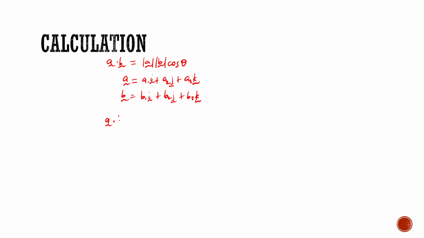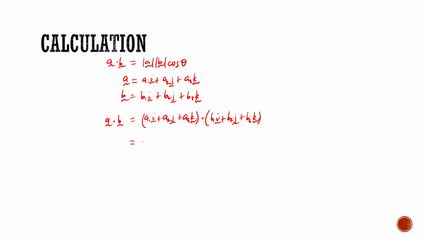So A dot B would be a1i plus a2j plus a3k dotted with b1i plus b2j plus b3k.